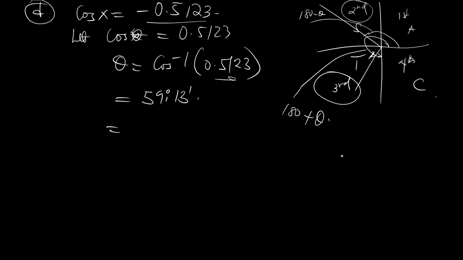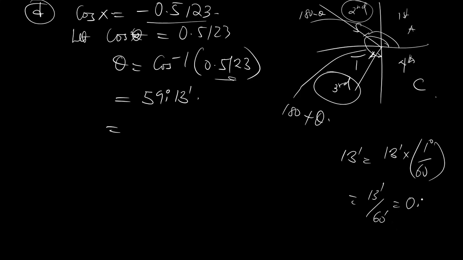Now to change 13 minutes to decimal degrees, you have 13 minutes times 1 degree divided by 60 minutes. So this will roughly give us 0.216667.